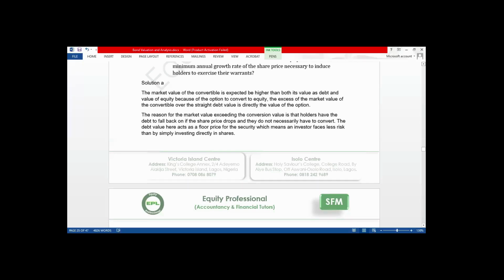If I now issue my convertible bond, I'm giving the opportunity to the investor to take advantage of my equity. Now the question is, are you going to issue at a price below 66 naira?